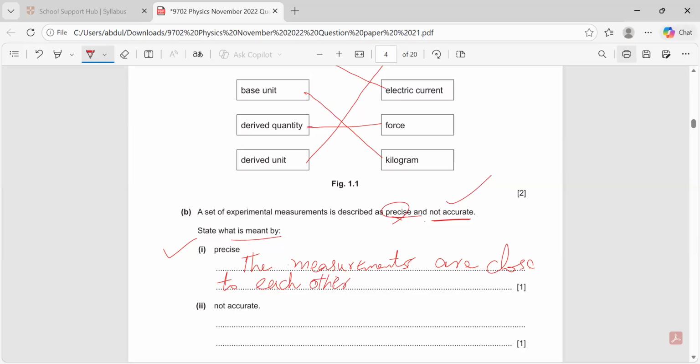And even you can say their range is very small. So even we can write they are with small range. That's why they are very close to each other. Not accurate.